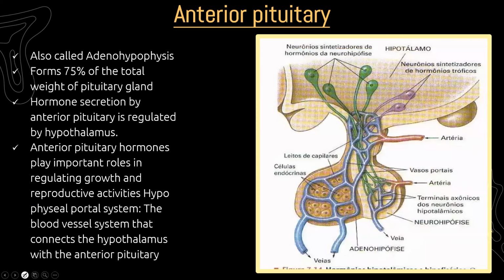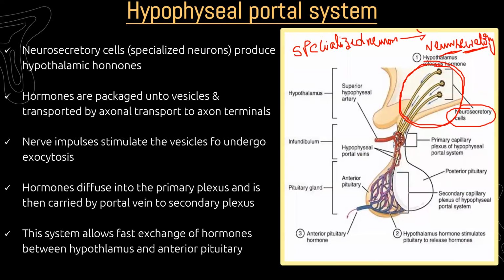Now look into this beautiful picture. Via a system. What do we call that particular system, friends? Listen to me correctly. You can call it the hypophyseal system. What is the hypophyseal system? You can see in this picture the red color and light blue color.